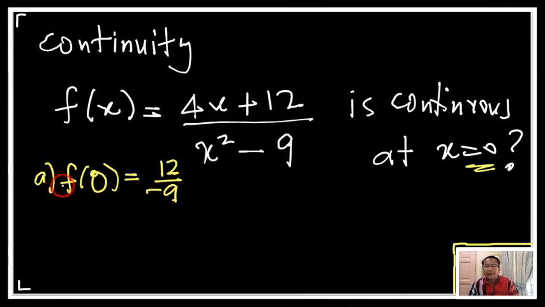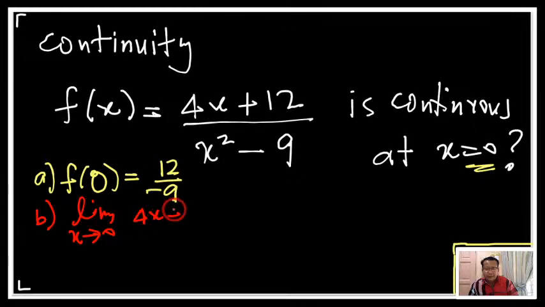If at step 1 you find that this function is undefined at x equal to 0, you stop and you say that it is discontinuous at x equal to 0. So the next step is find the limit as x approaches 0. So this one is 4x plus 12 over x square minus 9.